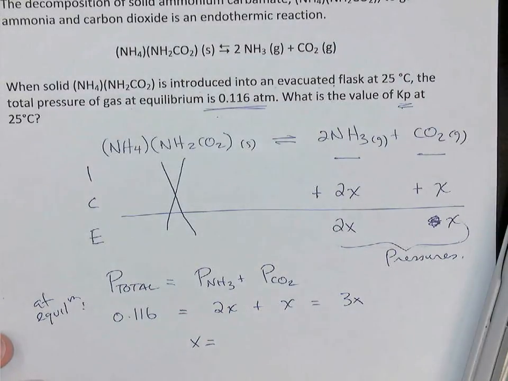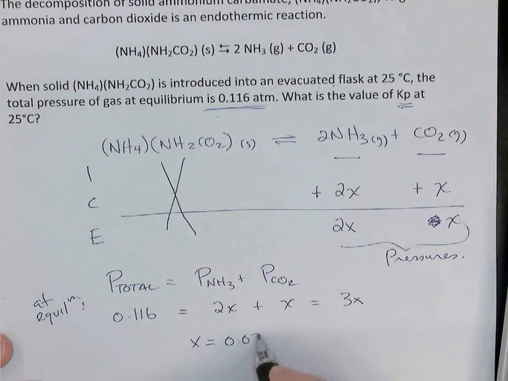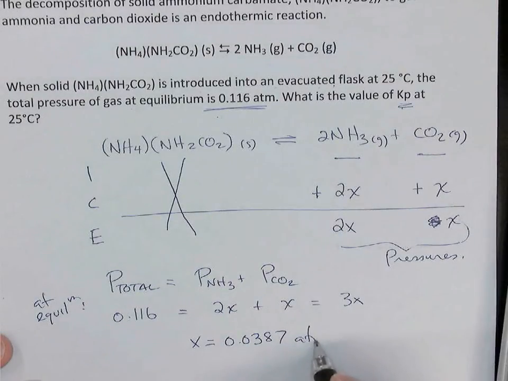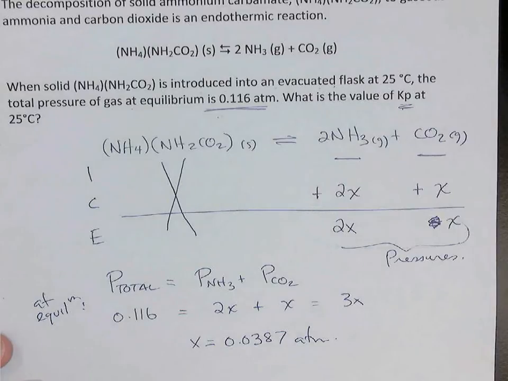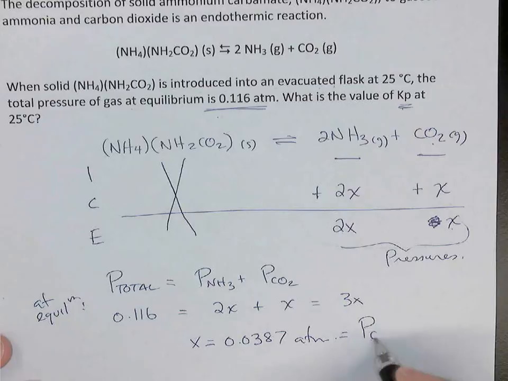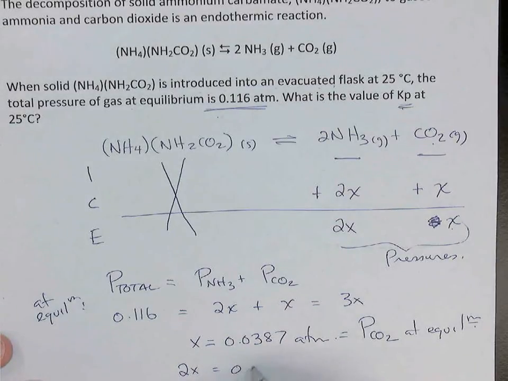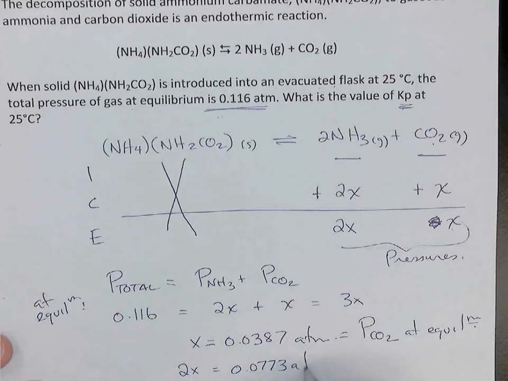So it's easy now to find what x is. x is going to be 0.116 divided by 3, 0.0387 atmospheres. And looking at my ICE table now, x was the pressure of CO2, so that equals the pressure of CO2 at equilibrium. 2x is 2 times this, so times 2, 0.0773 atmospheres.